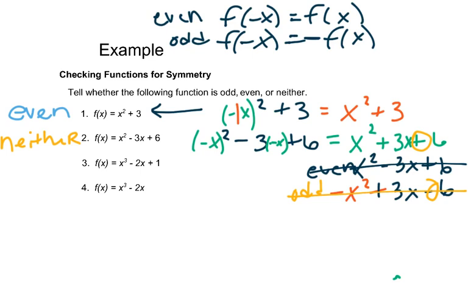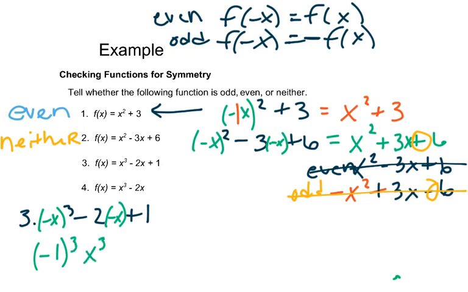Then our next one is x cubed minus 2x plus 1. Again, we're replacing each of those x's with negative x. If we do that, hopefully we know that negative 1 cubed and x cubed will result in a negative 1 still and an x cubed.